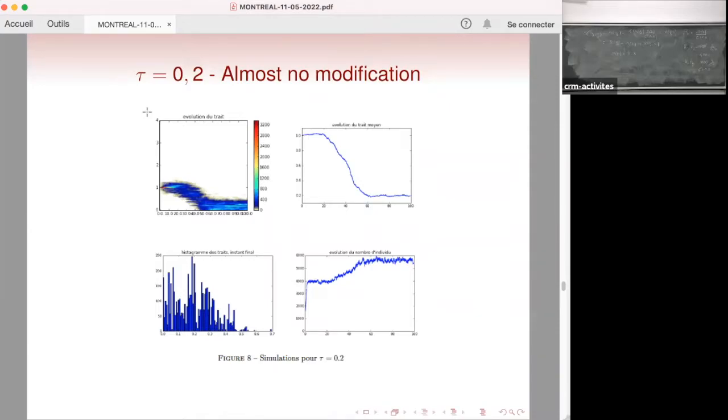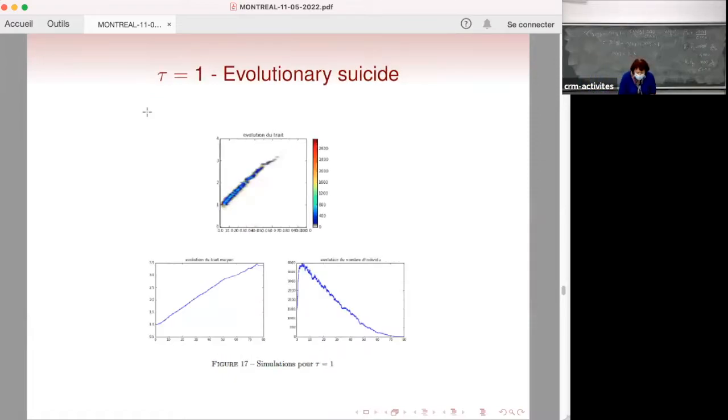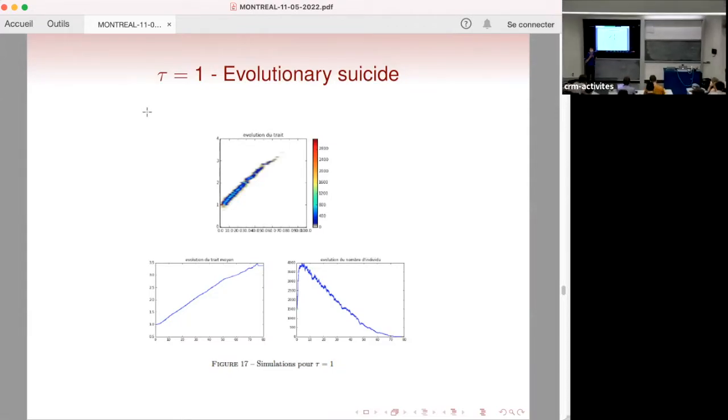Okay. So now we consider a large transfer rate, which is 1. So 1 is 10 times the order of the mutation step. And here what you see is really this evolutionary suicide. I mean, because the transfer is stronger than the demography in this case, and of course, with the play between mutation and transfer, you will select individuals with a larger and larger trait.